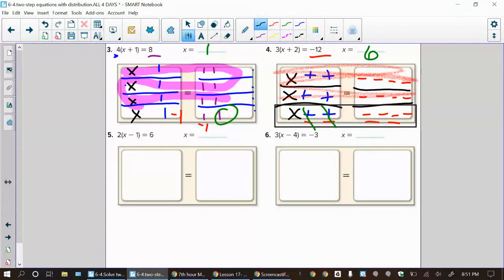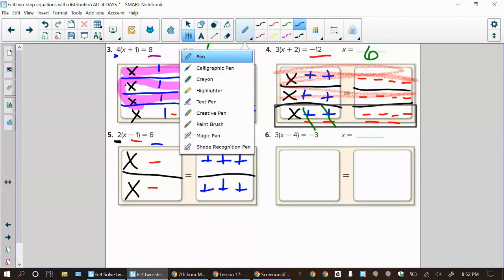Moving along to number 5. Split it into 2 groups because it told me there's 2. Then each one gets an x. And then each gets a negative 1. But the other side, I'm going to split the 6 between them: 1, 2, 3, 4, 5, 6.